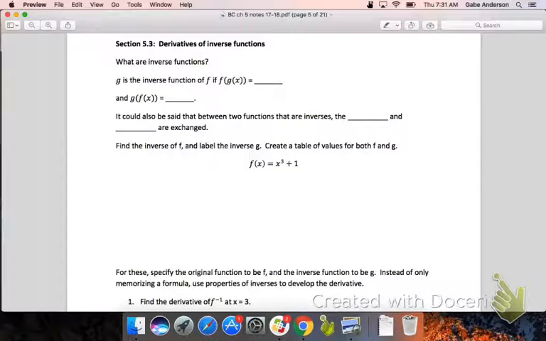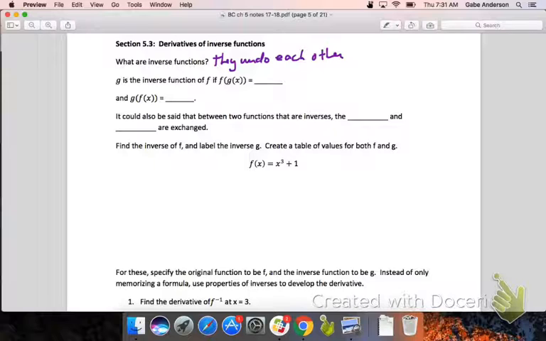In their most basic sense, inverse functions are functions that undo each other. Whatever one function does, the other one completely undoes it. From that basic understanding, maybe this next property will make sense.